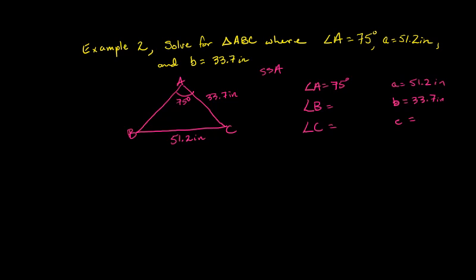And so you really have to find the only angle that you can find. And the only angle that you can find right now in this scenario is angle B, because you know one angle and you know its opposite side. So that gives you a full fraction, sine of 75 over 51.2 equals, and we don't know B, that's what we want to find, sine of B over 33.7.